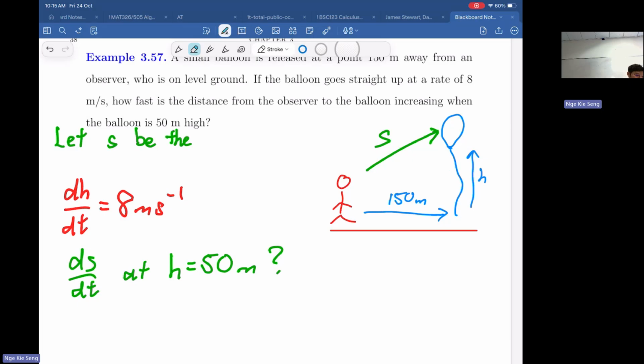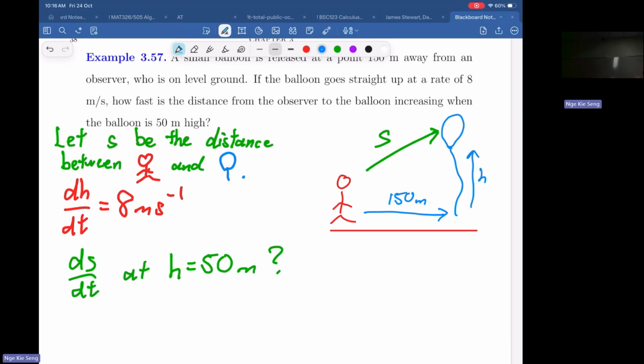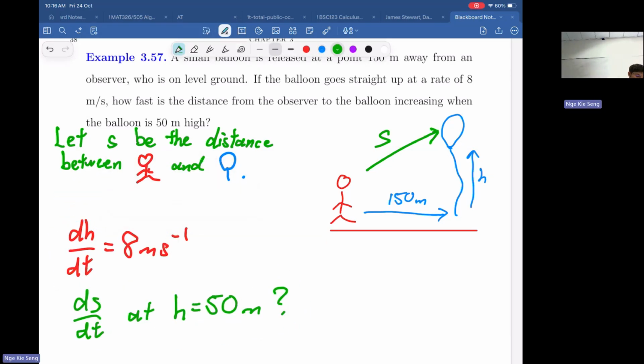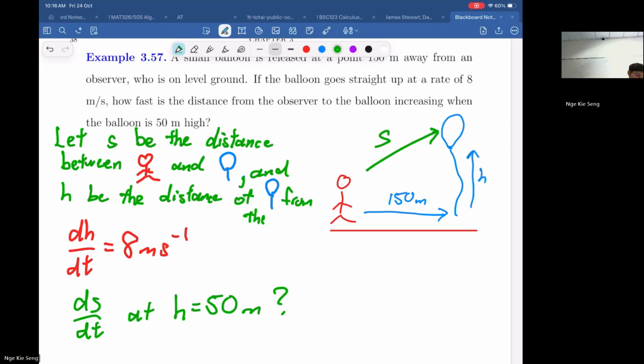I think distance is enough, no need for displacement, because there's no wind blowing here, so it is just moving straight up. And let h be the distance of the balloon from the ground. Then we can do all these things.